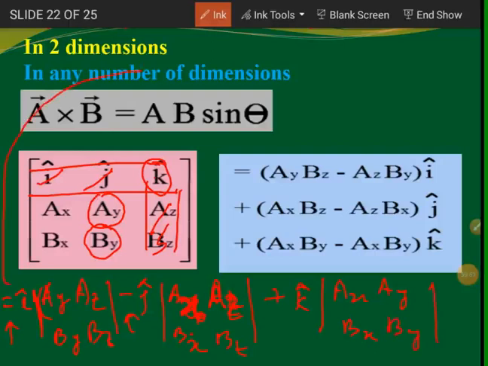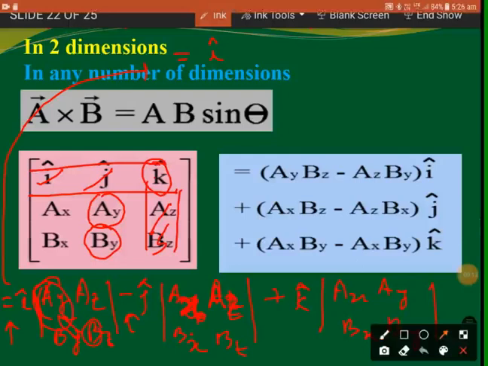So how to find it out? You come here, somewhere here. It will be equal to i times of what? You need to multiply these two minus the product of these two again. Got it?